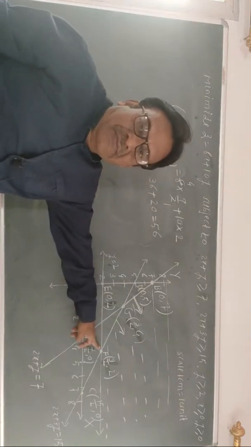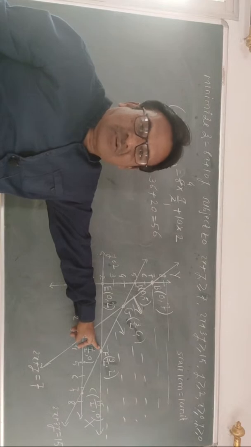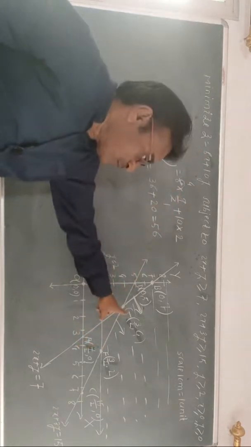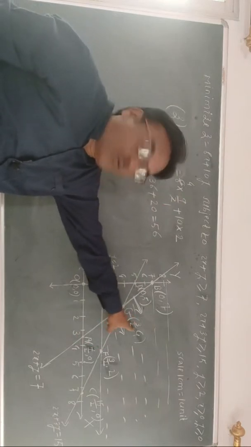Next we find the value of the objective function at the corner point G (3 by 2, 4).